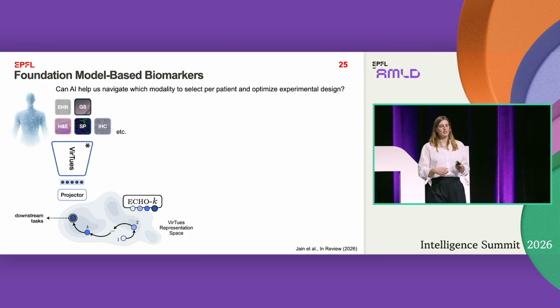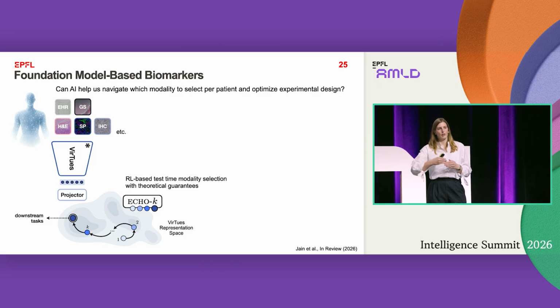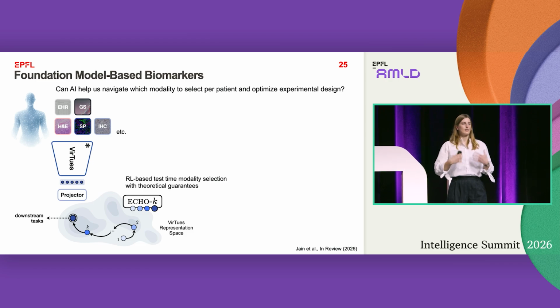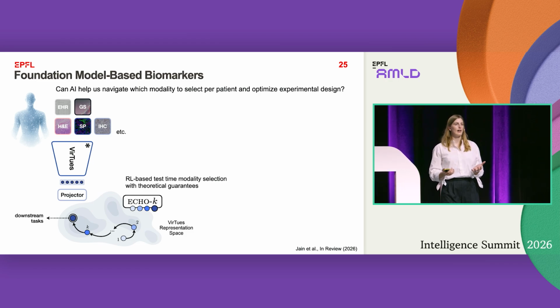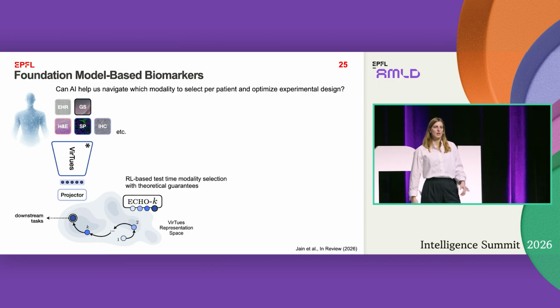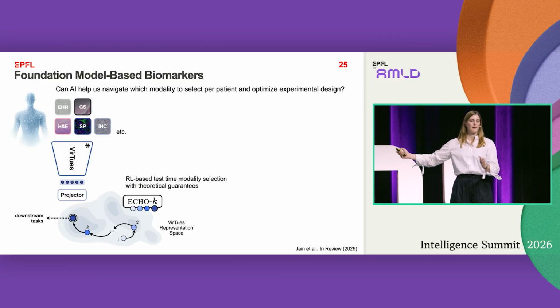And based on this, using an RL framework, it sequentially collects more and more modalities until it knows itself it has enough information to do very well on all different downstream tasks. We call this ECHO-K, and this is really a task-agnostic way of accumulating modalities to then really do well on a minimum assay I collected for a patient for all the downstream tasks I care about.